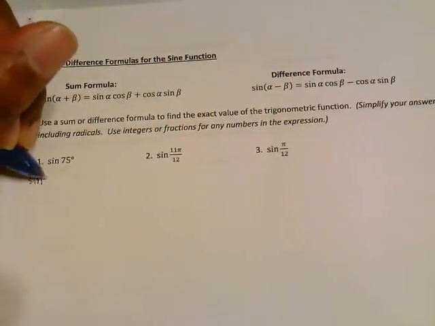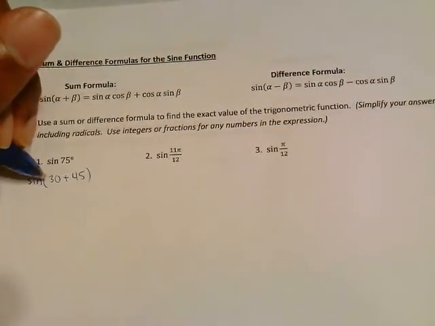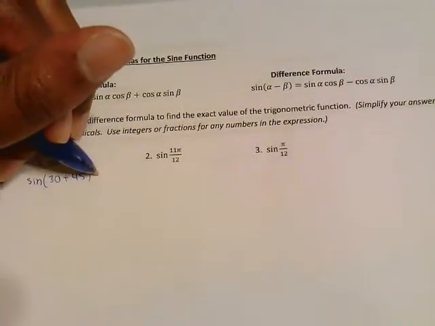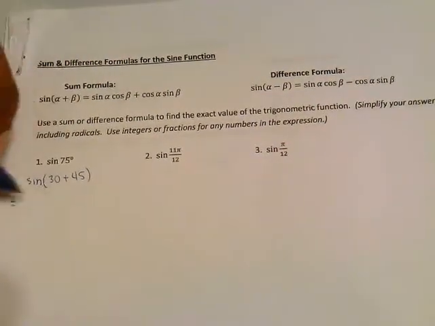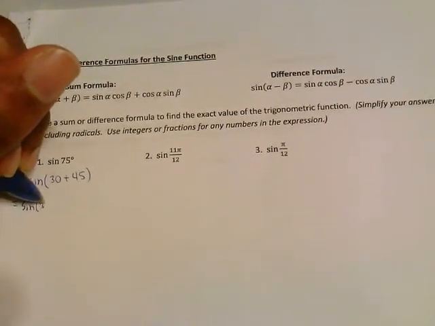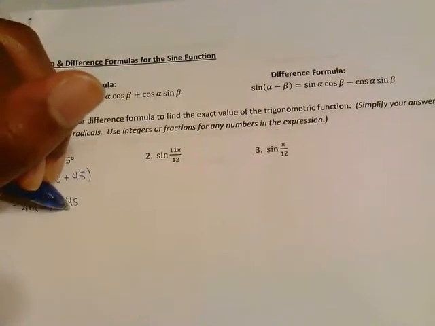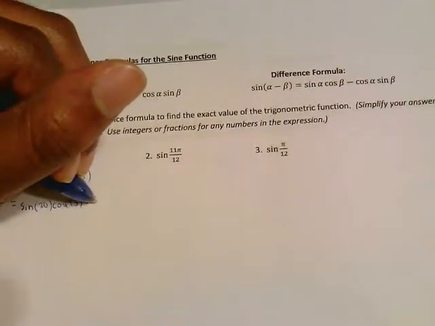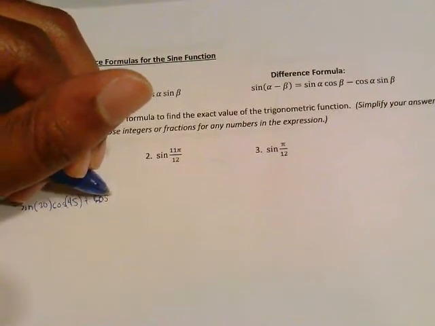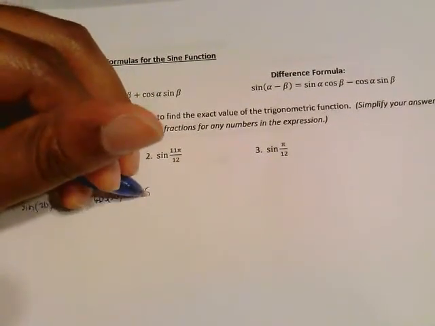So sine of 30 plus 45, so alpha is 30, beta is 45. That's going to equal sine of 30 cosine of 45 plus cosine of 30 sine of 45.